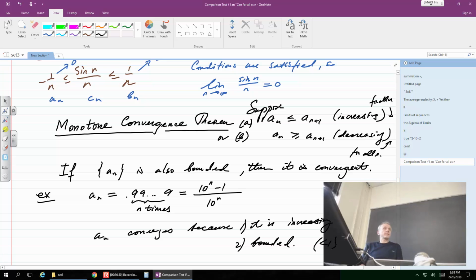Okay, so n zeros means that it is 10 to the nth, which gives you n zeros and 1 in front, and then you subtract 1.